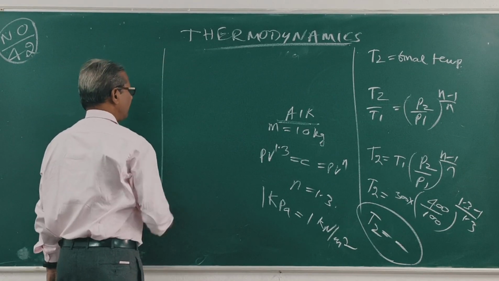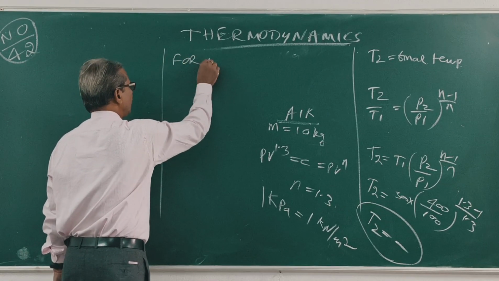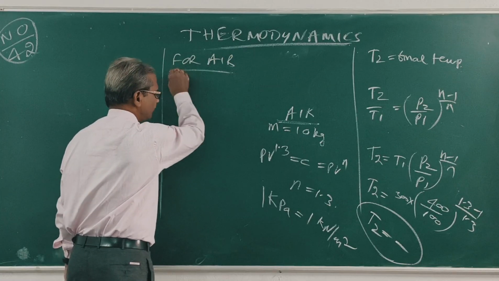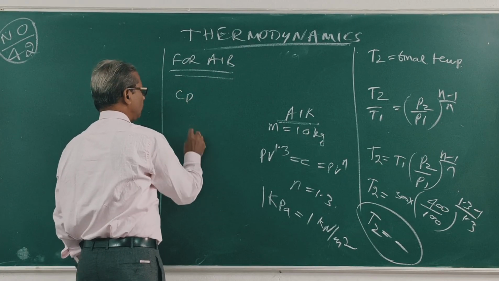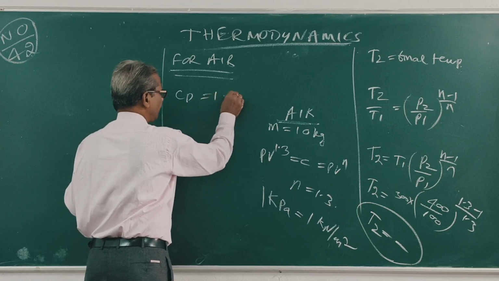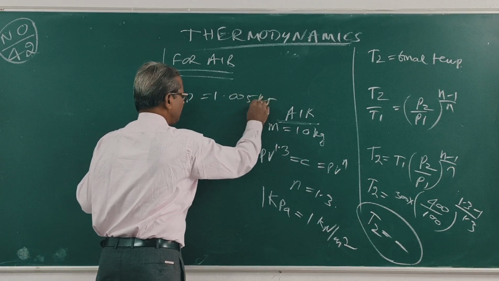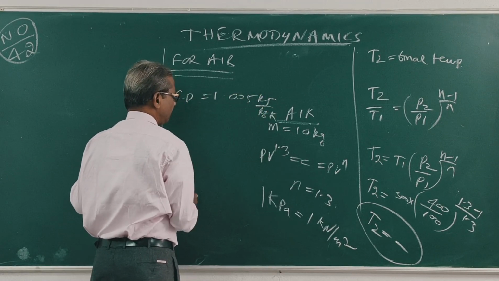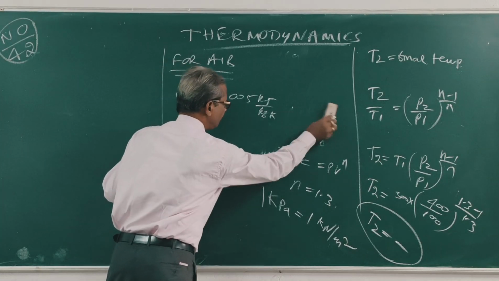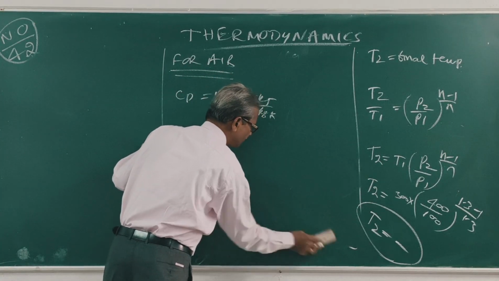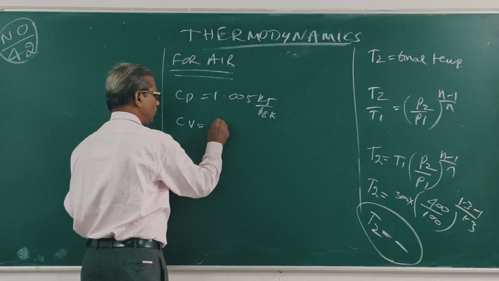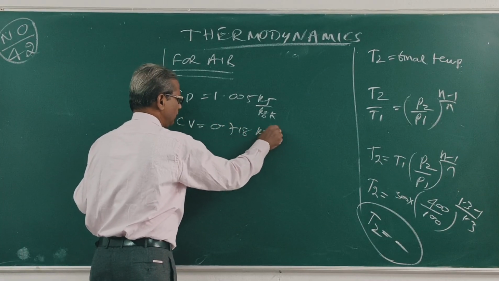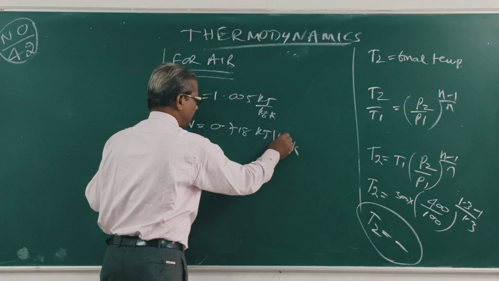For air, what is Cp equal to? 1.005 kilojoule per kg Kelvin. Clear? What is Cv equal to? 0.718 kilojoule per kg Kelvin.